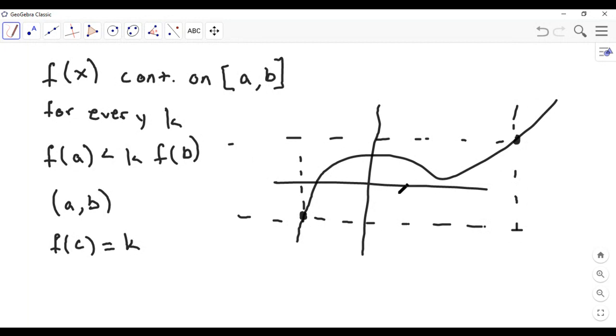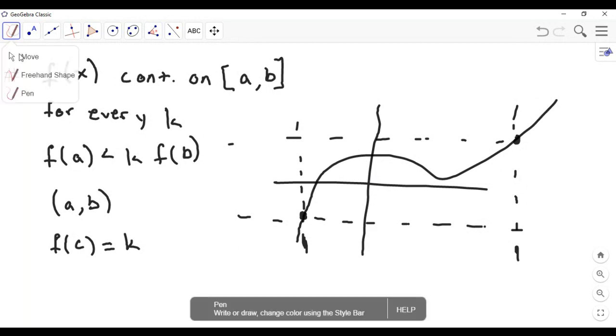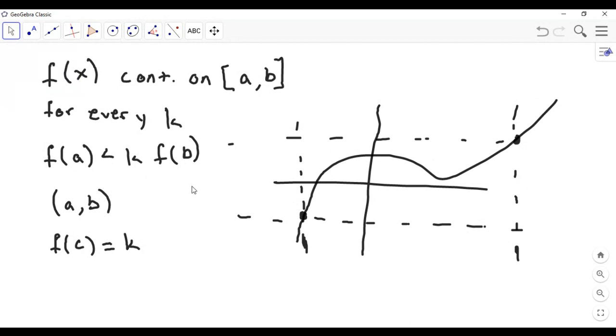So the function really just has to hit every y value somewhere between this x value here and this x value here. And it's pretty logical if you think about it. If you can't jump, then there's no way you're going to skip any y values. But it's a really easy way to show that things like zeros exist.